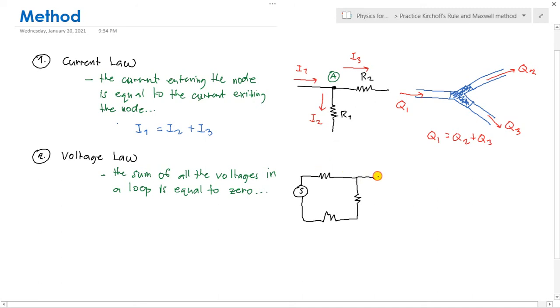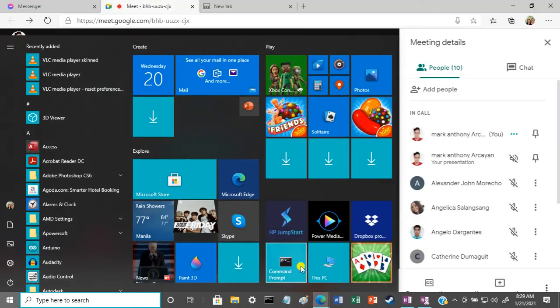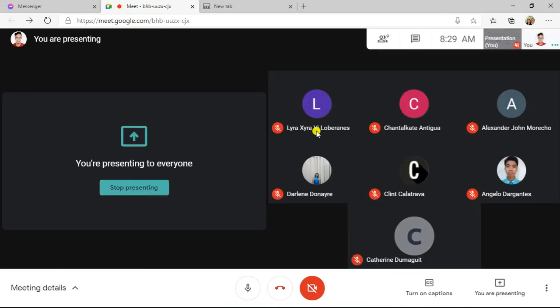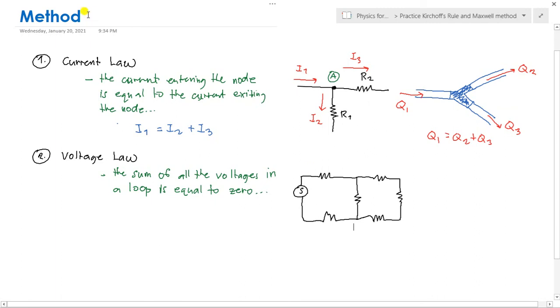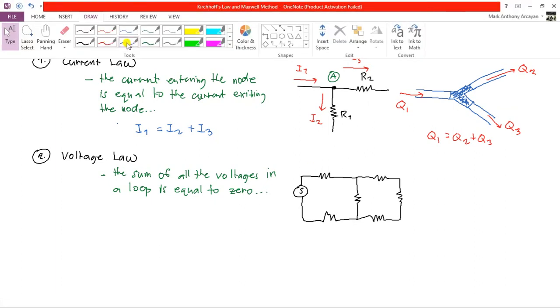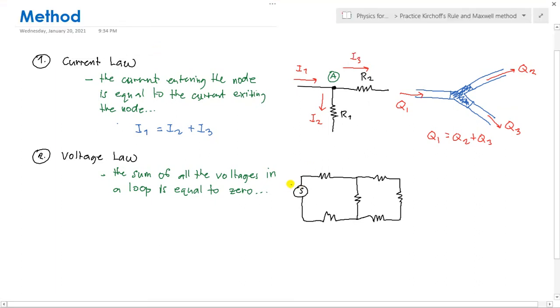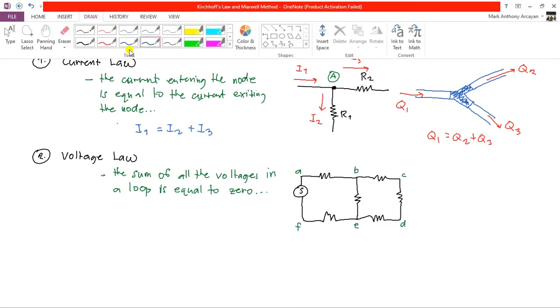If I'm going to add another one, we now have two loops, right? Two loops here. Let's say if I'm going to label, let's say this is node A, B, C. And this one represents the nodes E, F. And then the loops: we have two loops.